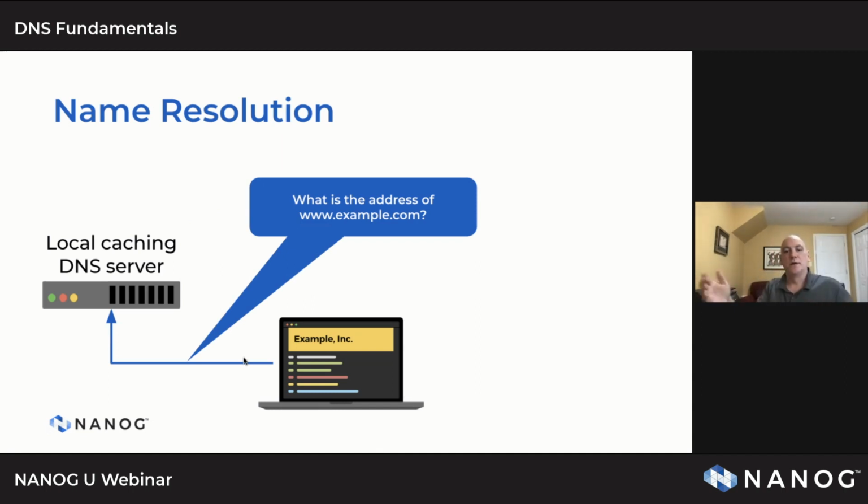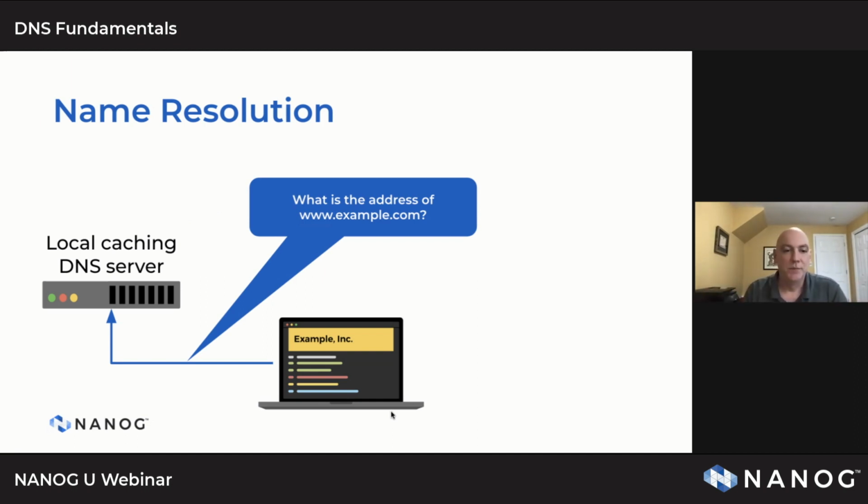But so here you are on your little laptop, and you're looking up, how do I get to www.example.com? In this case, you're on this laptop, which is probably connected wirelessly.